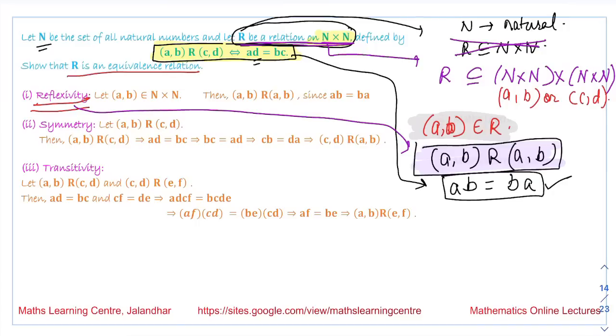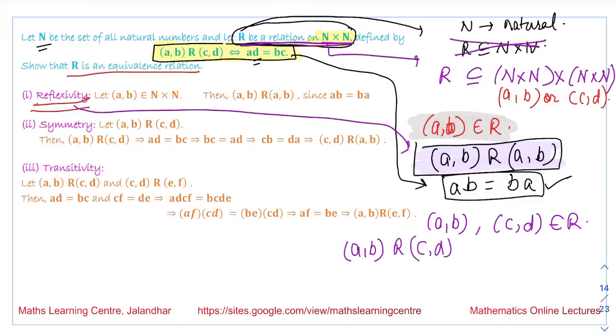Next we have to prove this relation is symmetric. So we are considering two elements from R, one is (A, B) and the second element is (C, D), such that (A, B) is related to (C, D). What does this mean? This means that AD is equal to BC, that is, BC is equal to AD.